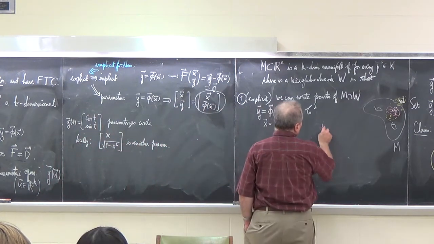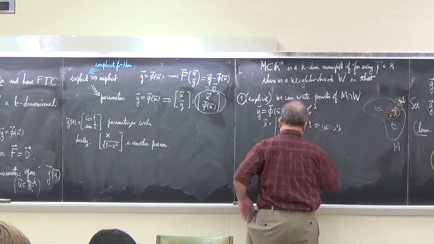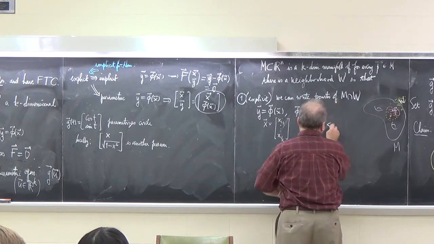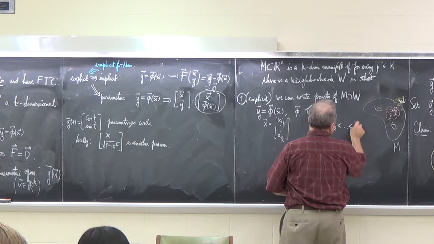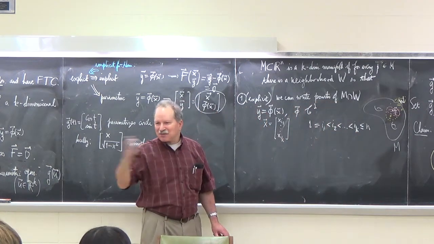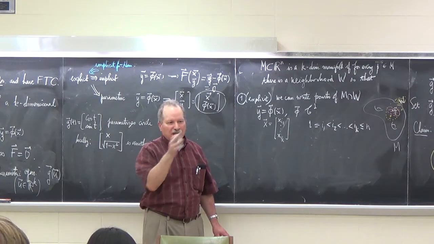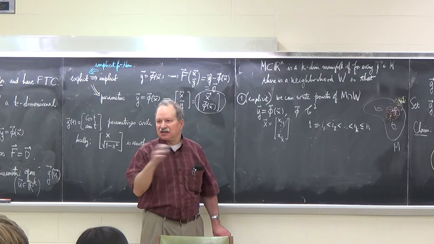So I1 to ik are between 1 and n. So pick some k of our standard coordinates. So it might not be x and y, it might be z and y, or it might be x and z.